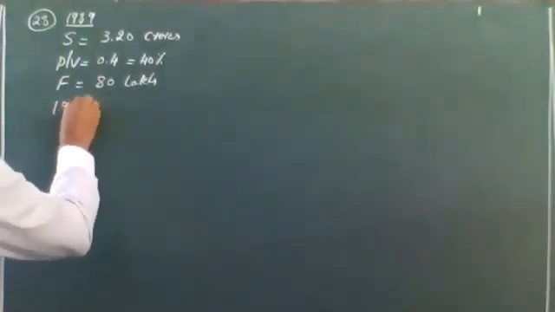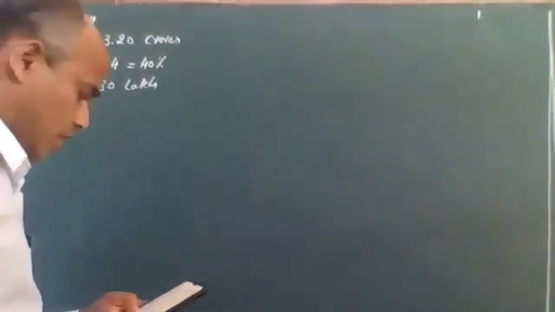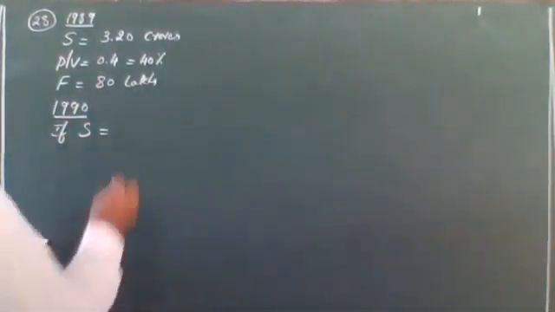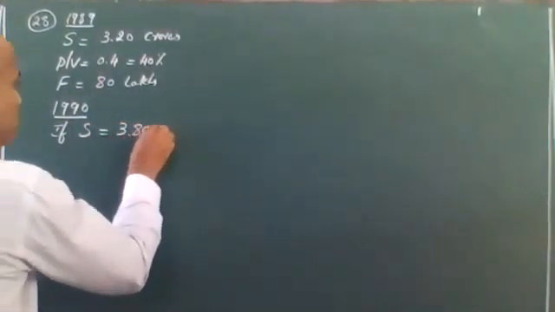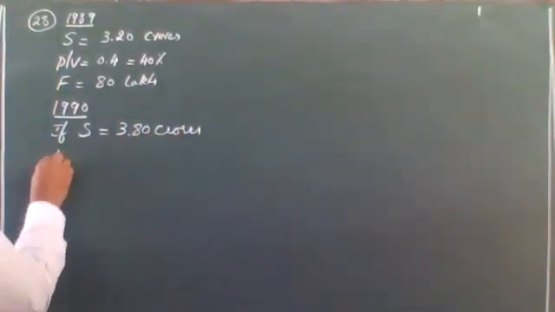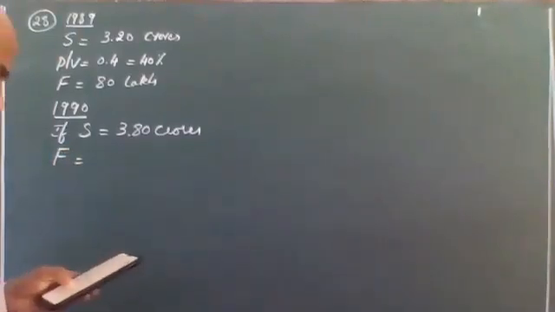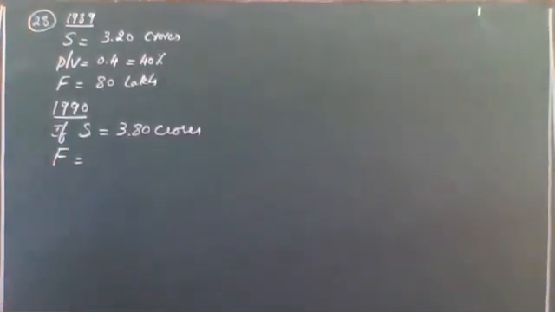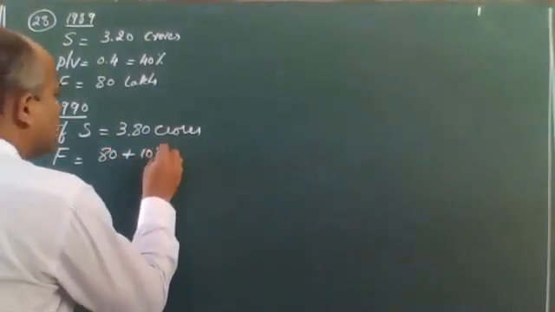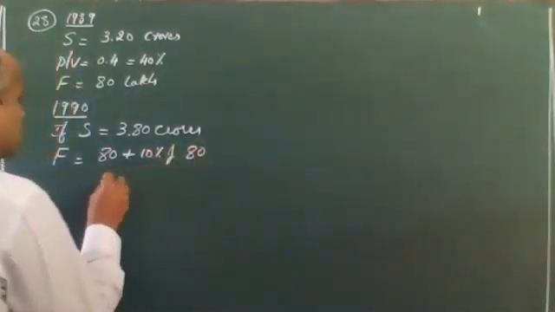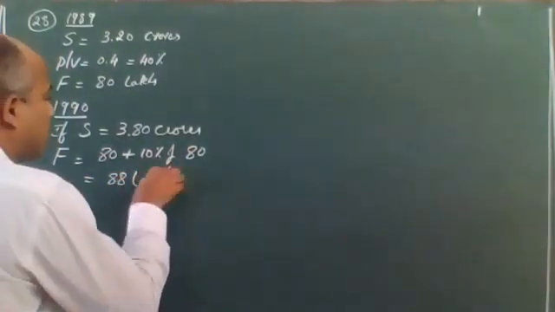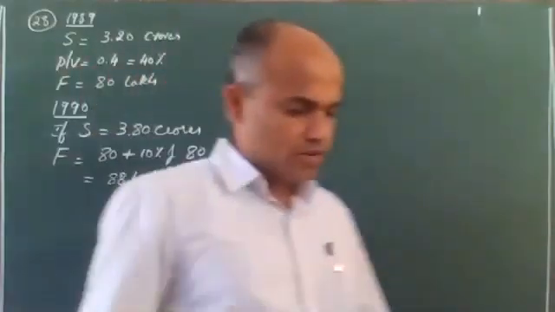So in 1990 they are saying if the sales is 3.8 crores and the fixed cost is increasing by 10%. So fixed cost will go up by 10% of 80 lakhs. So this will be 88 lakhs. Okay, this is the question in front of you.